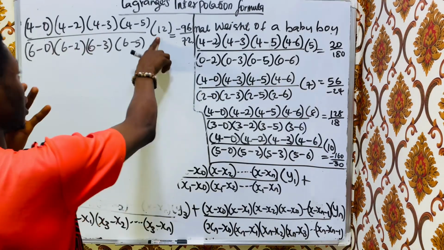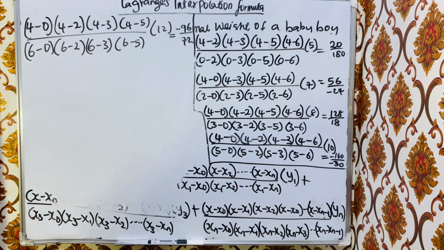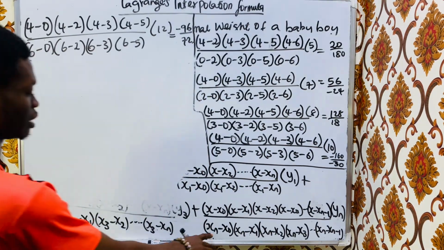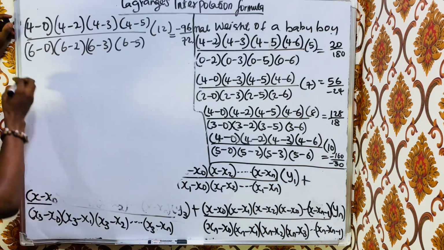Remember, our yn is the last term of the y values, and xn is the last term of all the x values there. So we bring all these things together.